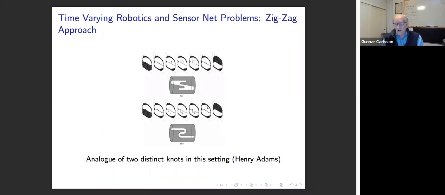The question is all about an embedding. This is about two distinct knots. The embedding has the property that these prongs go downward here, and the loop goes downward instead. So these are two distinct embeddings, and they're captured by the fact that in these pictures we will see that there's no evasion path.